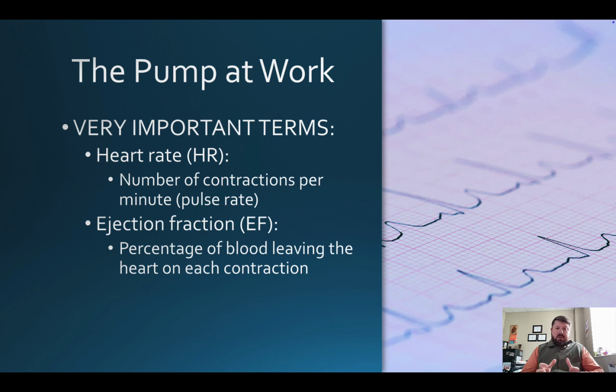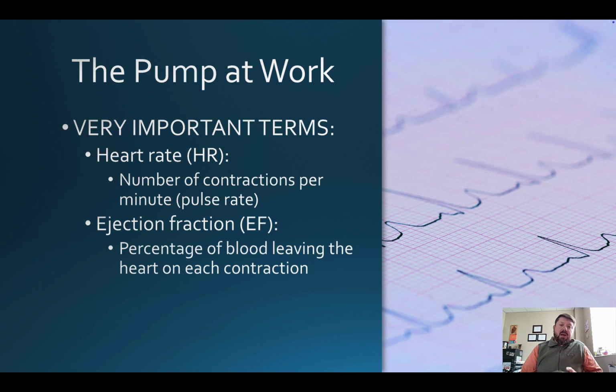Just for reference here, the normal cardiac output for the average adult is 5 to 6 liters per minute. If you remember from past lectures, we said that on average, the average adult has around 5 liters of blood. So that's saying that the normal cardiac output for the average adult is 5 to 6 liters per minute, or the full amount of blood volume in the body.